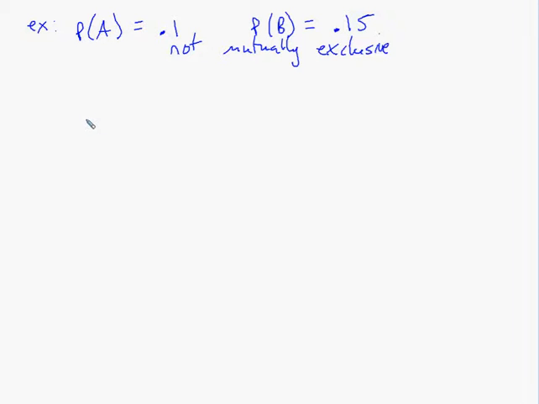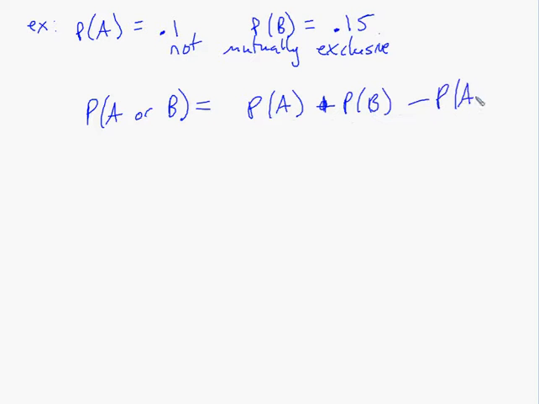Okay, so I do probability of A or B. That's going to be the probability of A plus the probability of B minus the probability of A and B, both of them happening.